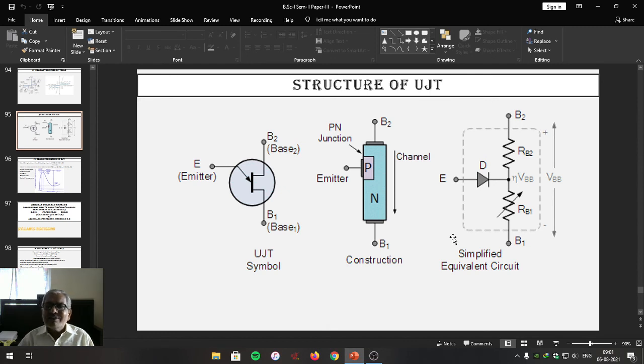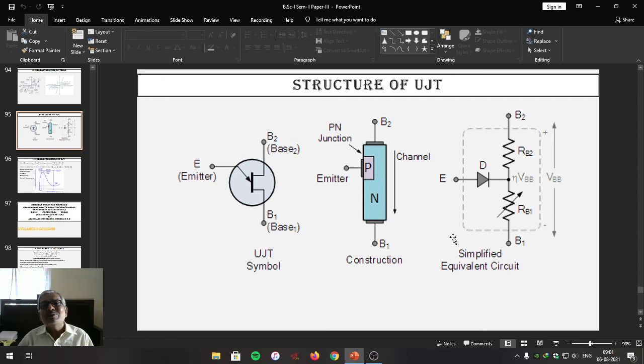This decrease in current continues till the valley point is reached. At the valley point, voltage is maximum whereas current is minimum. After the valley point, again current starts increasing with increasing voltage.